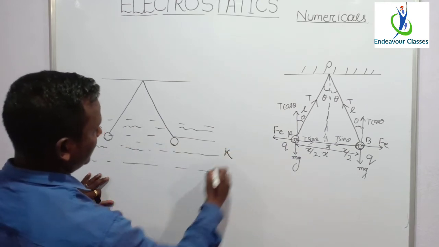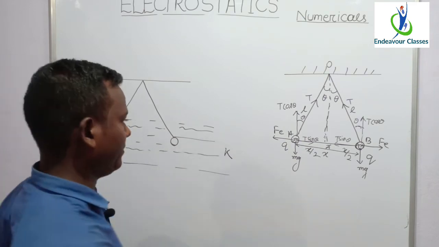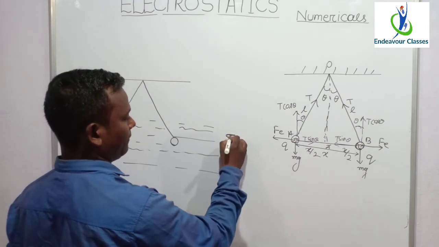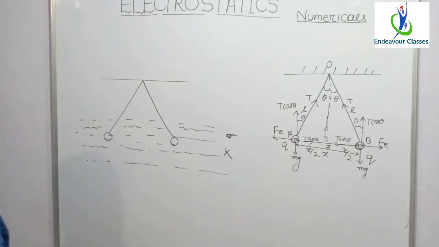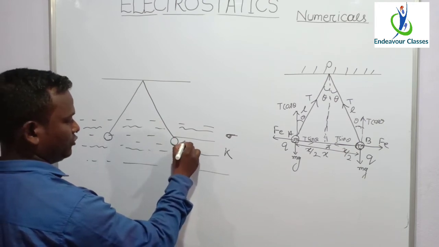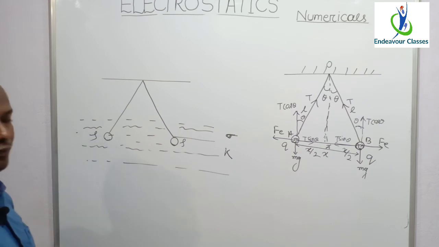of dielectric constant K. So the dielectric constant of that liquid is K, and the density of the liquid is given as sigma, and the density of this body is rho. Each body is having a density rho.